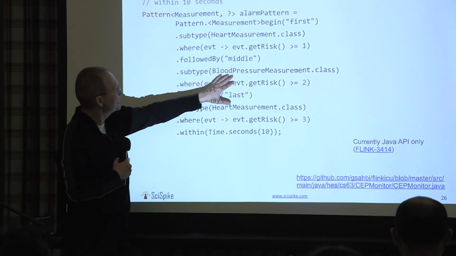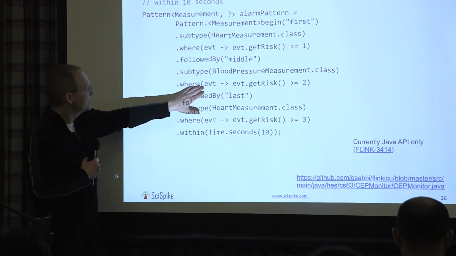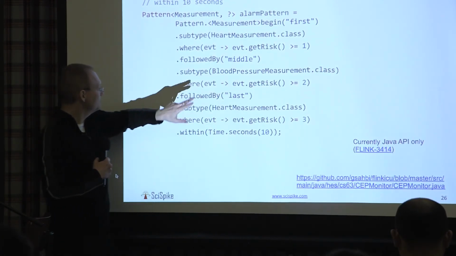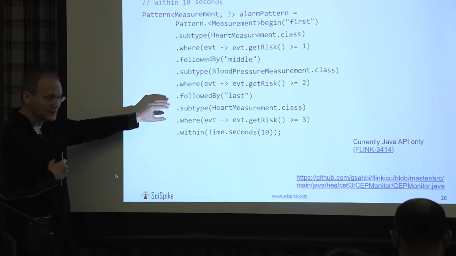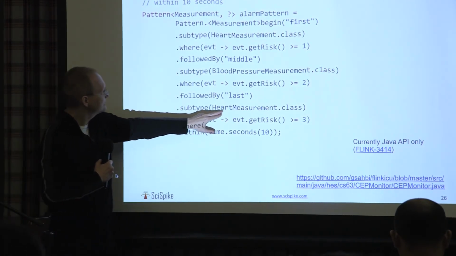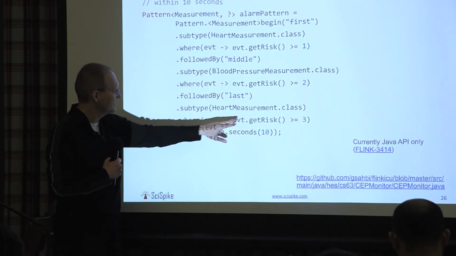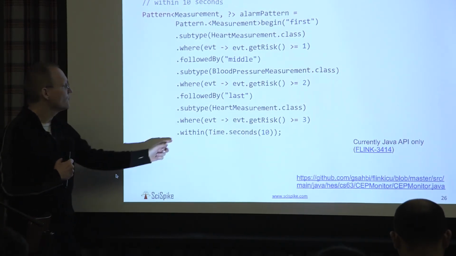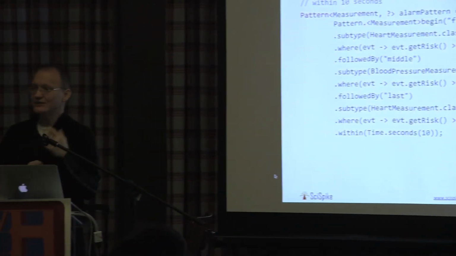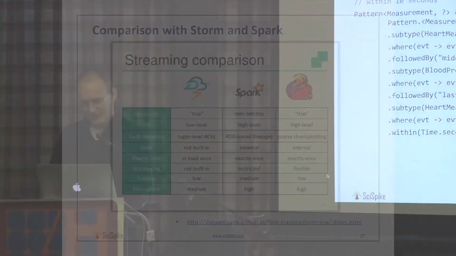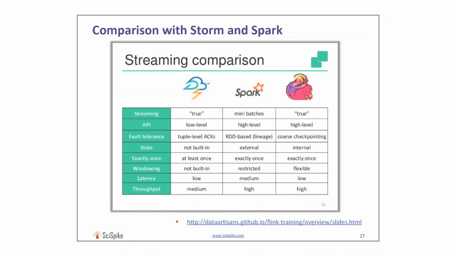It is a blood pressure measurement where the risk is greater than or equal to, followed by the third event, which is coming at some point, and it is also a heart measurement where the risk is greater than 3 within time seconds. So this is a very powerful, very natural way of expressing the rules that we have in a problem domain in our system.